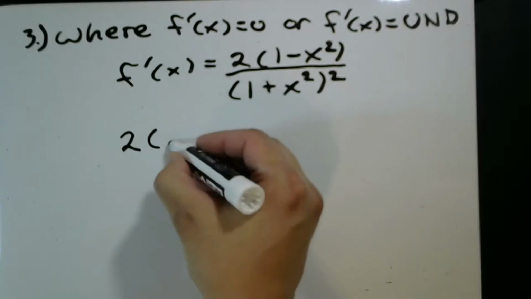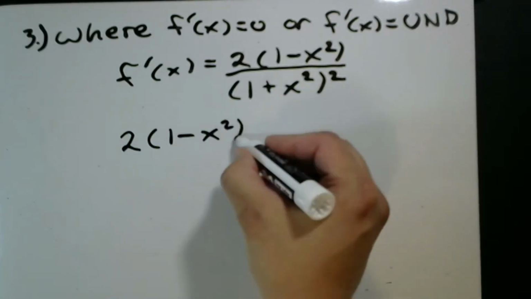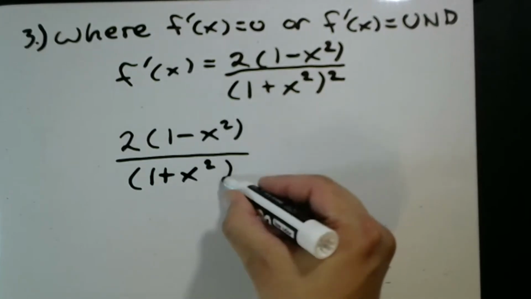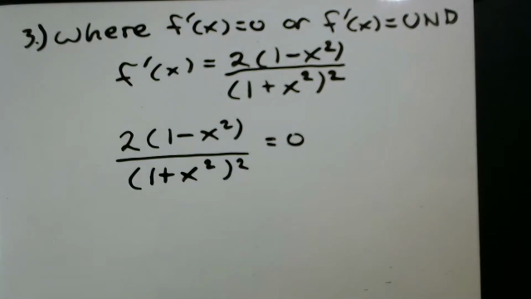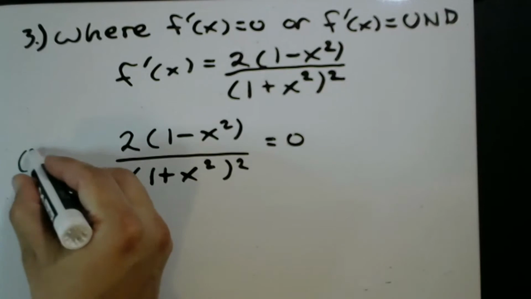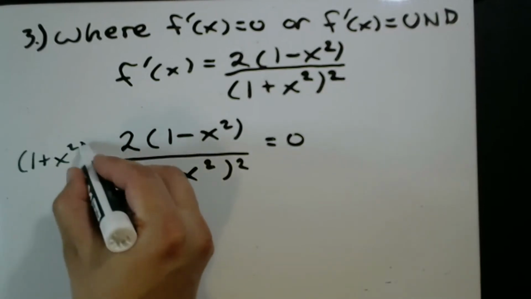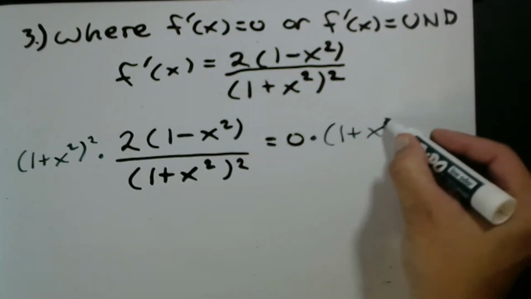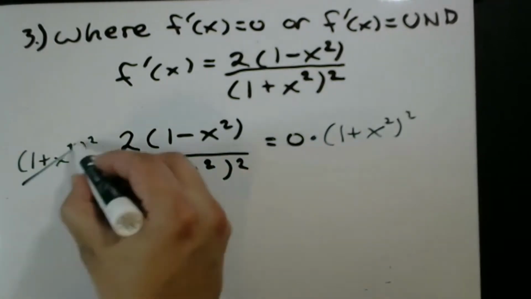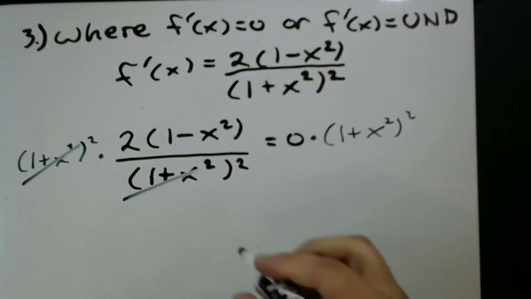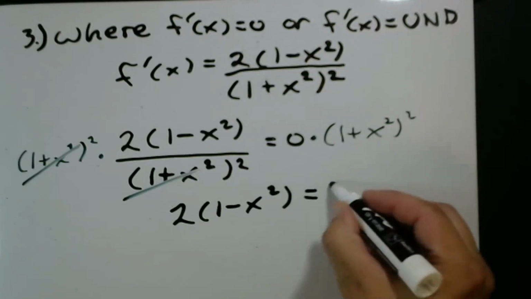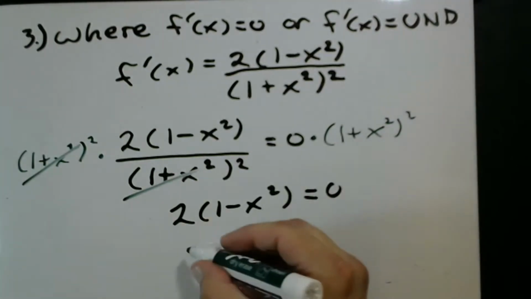So what we can look for instead is where this equals 0. And we can multiply both sides by 1 plus x squared, squared. Those will cancel. We can divide by 2.